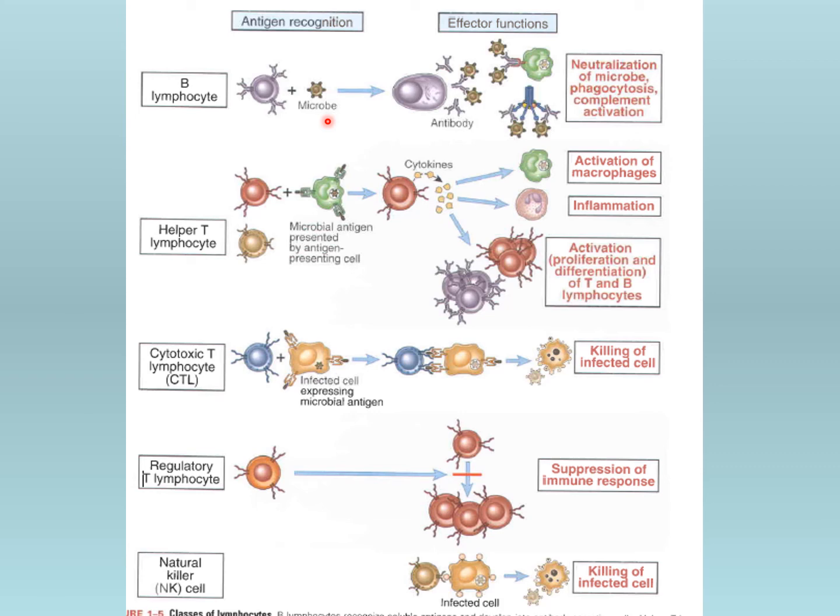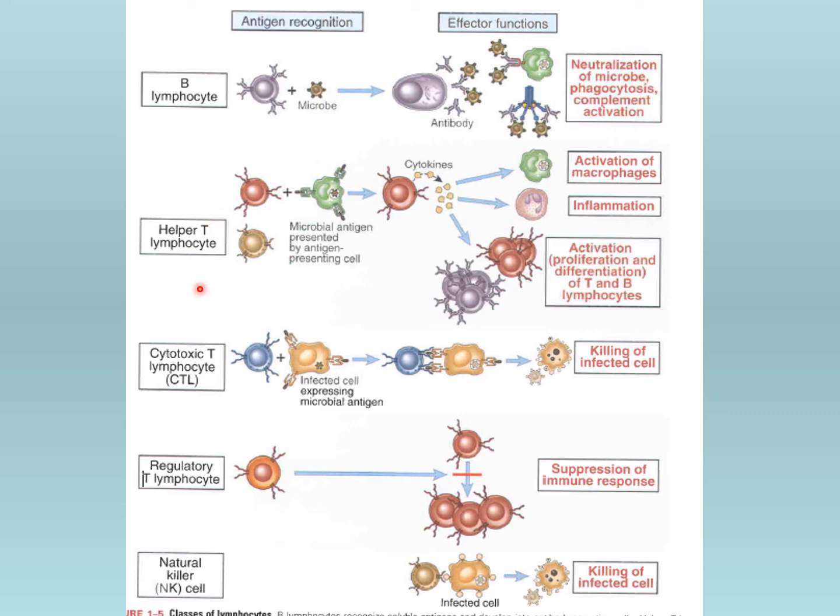So, by the activation, plasma cells are produced, which release antibodies, and these antibodies function by neutralizing the microbes, or they can do phagocytosis or complement activation. We'll discuss complement activation in our future lectures.